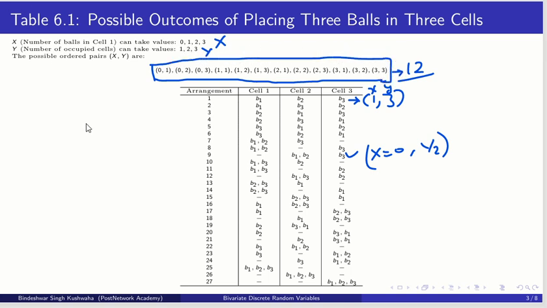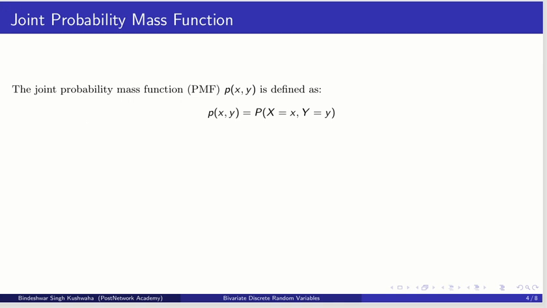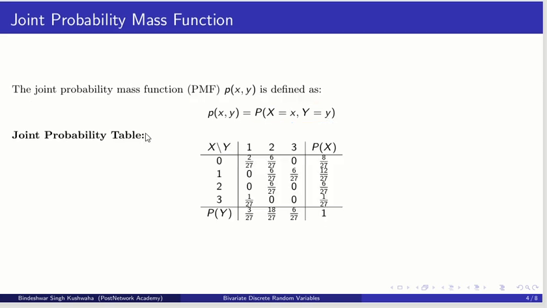So let us define the joint probability mass function, defined as p(x, y), here the value of X and the value of Y. Now the joint probability table: here you can see that X can have values from 0 to 3 and Y at least 1, 2 and 3.